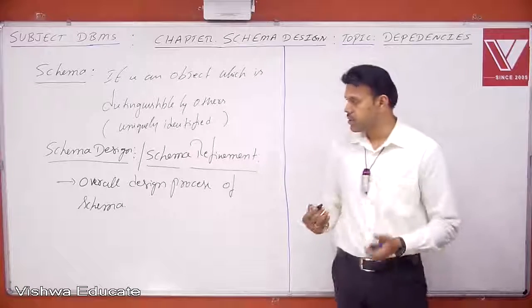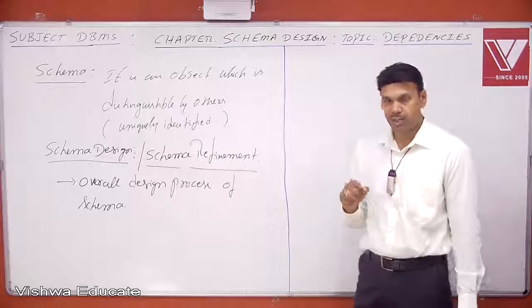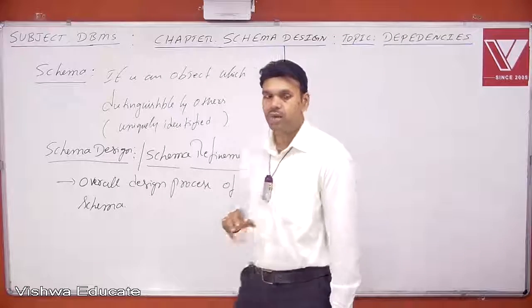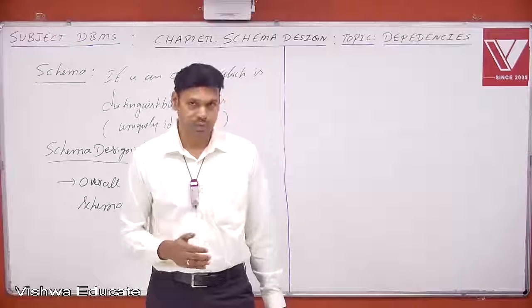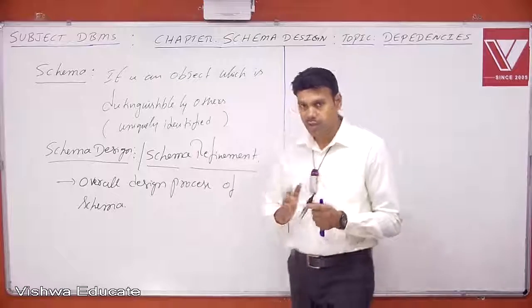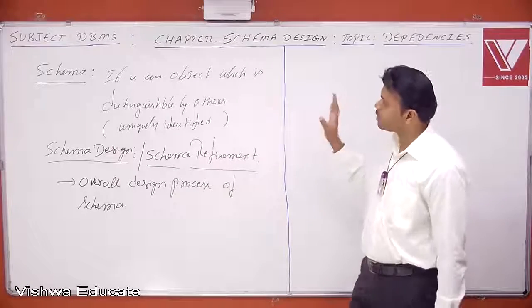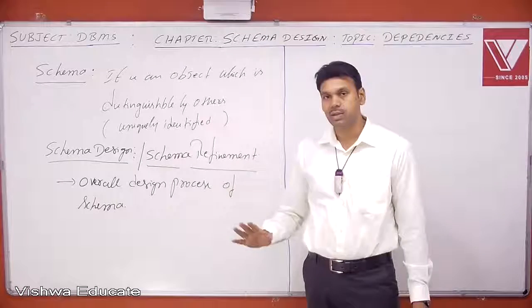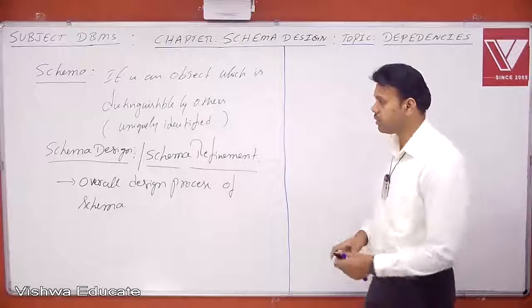While doing the schema design, we are going to implement the concept of dependencies and the concept of normalization rules. That's why this chapter is separated into two parts: one part completely dependencies and the other part completely normalization.